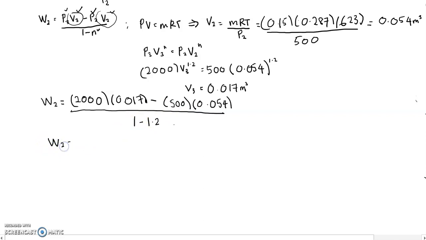Your W2 is, rounded off, negative 35 kilojoule.